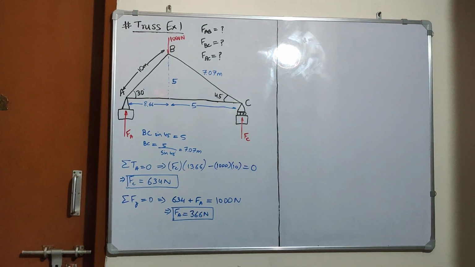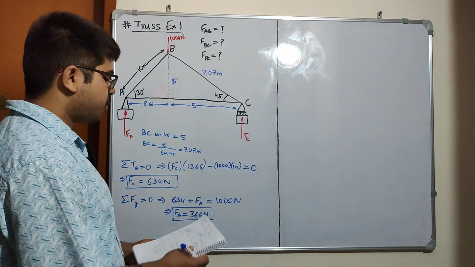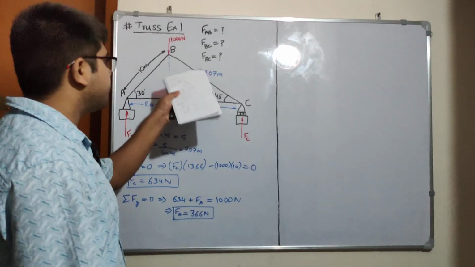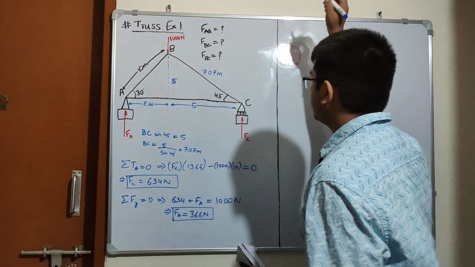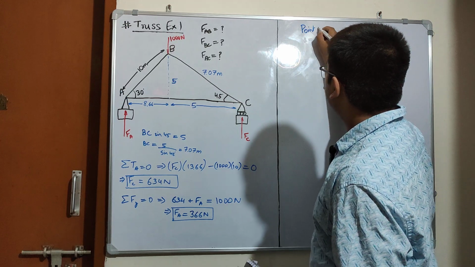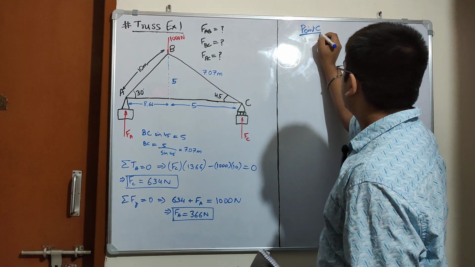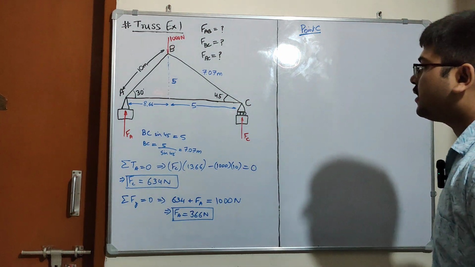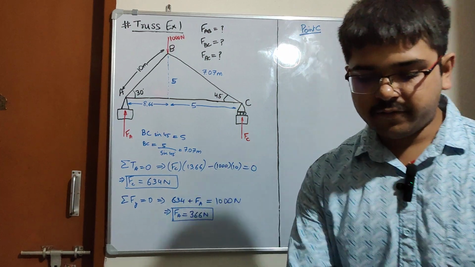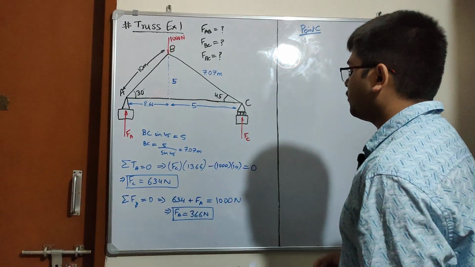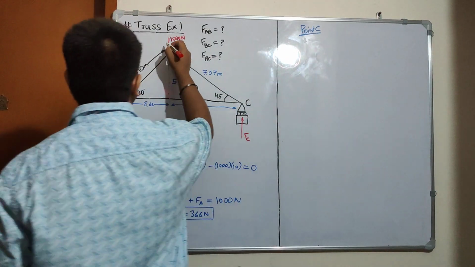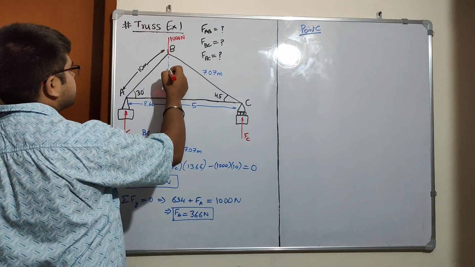Now we will go to point C. Now we have to find the forces in the members. Now we will see what the internal forces are in the members. This force is acting in the downward direction.